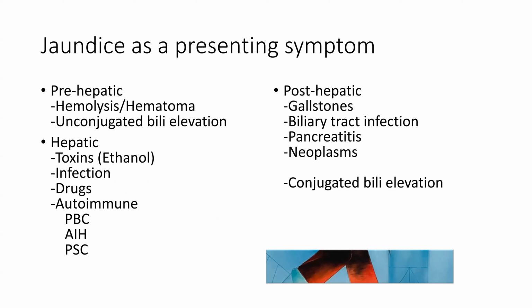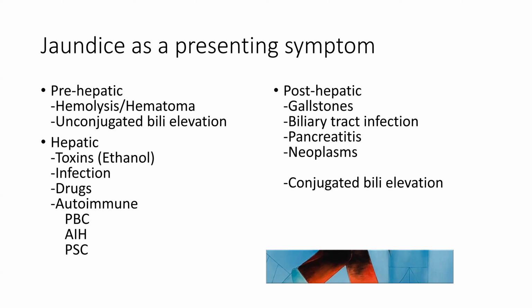This can happen due to prehepatic issues, such as hemolysis in somebody with sickle cell disease or a hemolytic anemia. Certainly elderly patients can develop that. Our patient may have had a large hematoma from his fall, although an acute elevation in the near term due to hematoma resorption would be rather uncommon. And usually the bilirubin associated with this type of lesion is the unconjugated bilirubin.